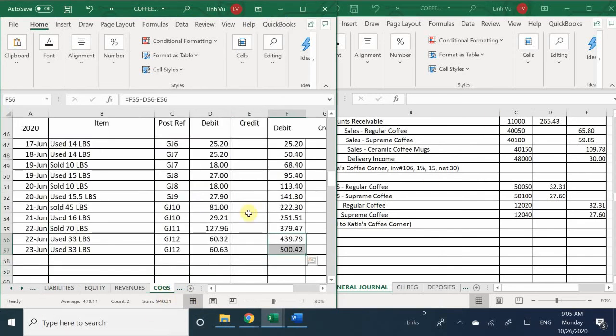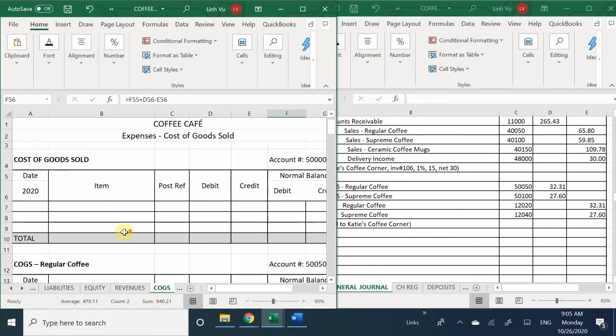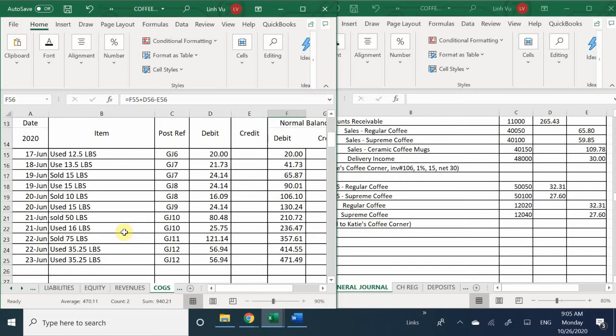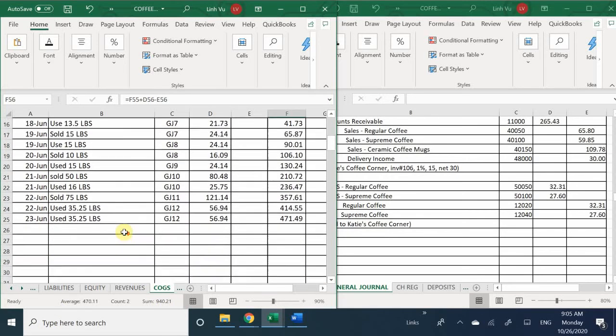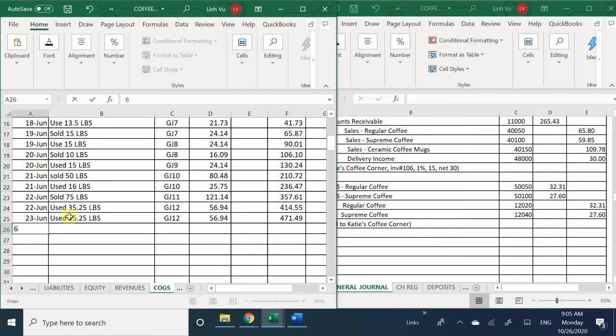So here I'm on COGS and cost of goods sold. So here is my regular coffee. Sold 20 pounds. GJ 13. 32.31.